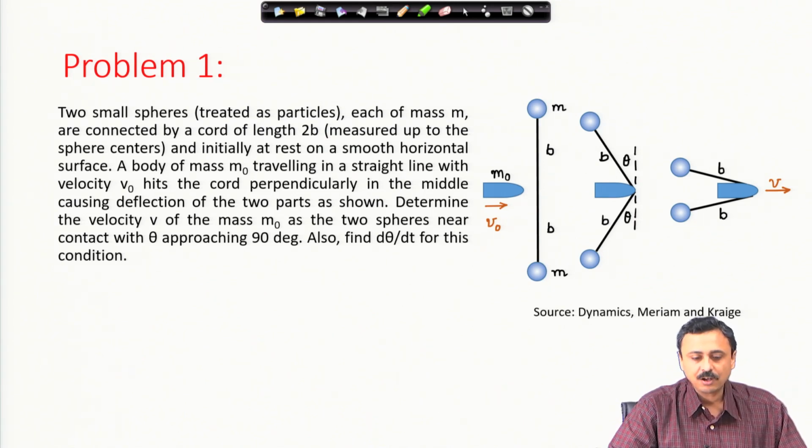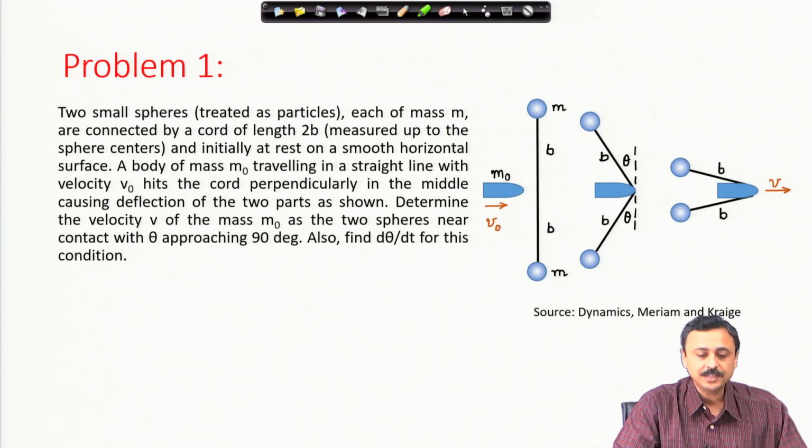Determine the velocity v of the mass m naught as the two spheres near contact. That means, as shown in the rightmost figure, the two spheres will be moving close together and they will come in contact.